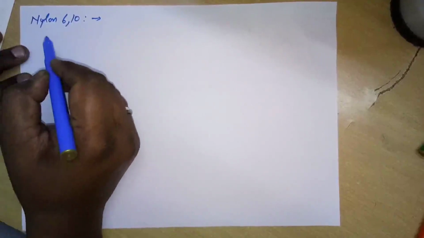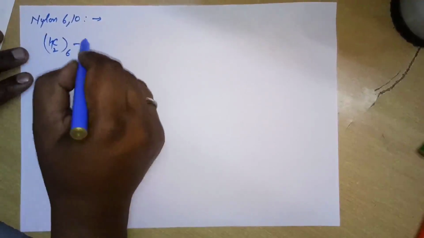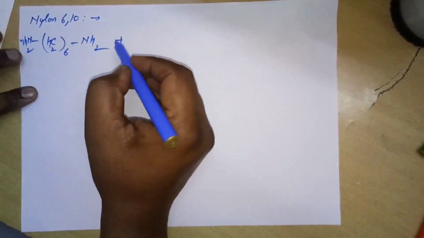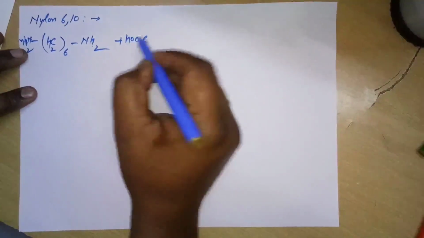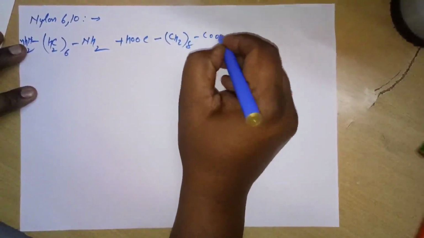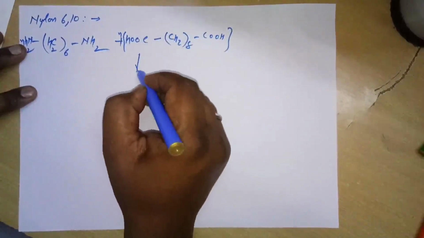The other example is nylon 610. It is obtained by the condensation of hexamethylene diamine, this is the formula of hexamethylene diamine, and sebacic acid. This undergoes polymerization.